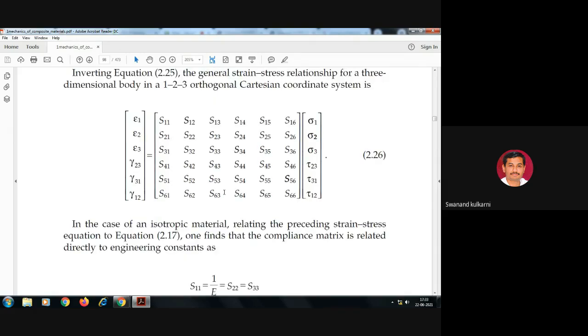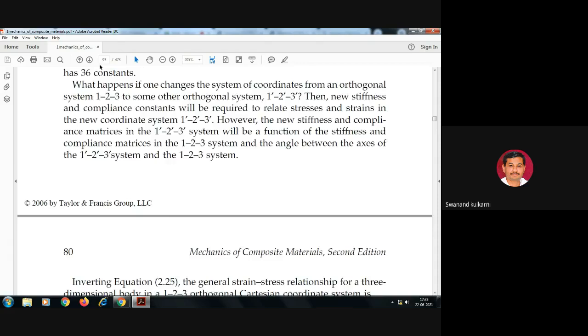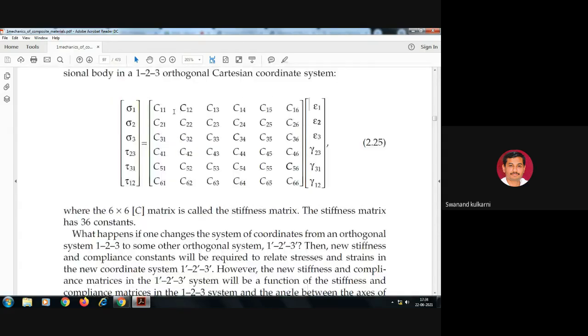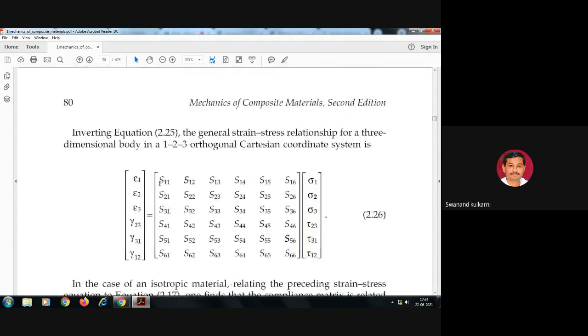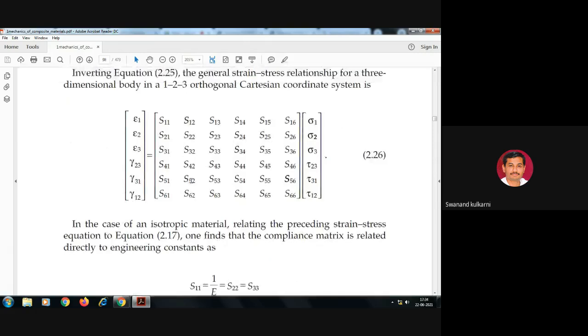Likewise, when we try to establish the relationship between strain and stress, what do we get? We get S11, S12, S23. The inverse of the C matrix will be this S matrix, and it is called the compliance matrix.